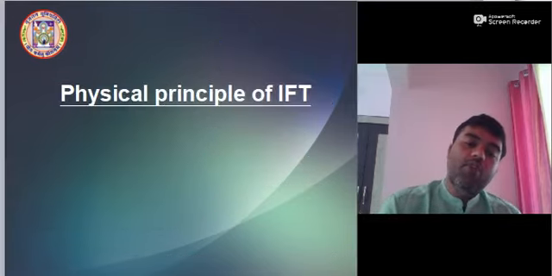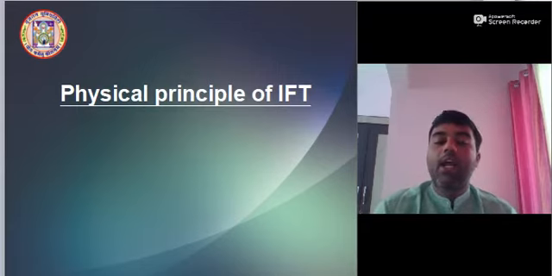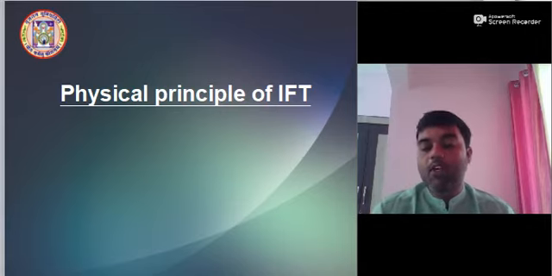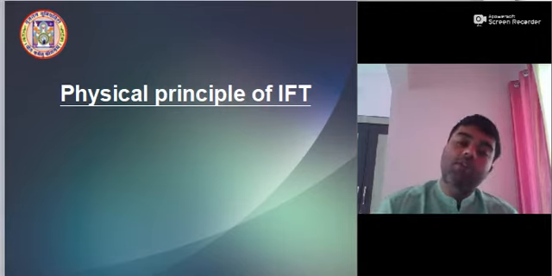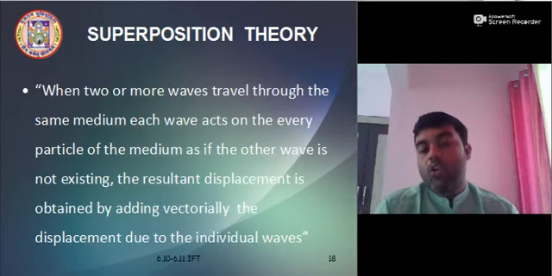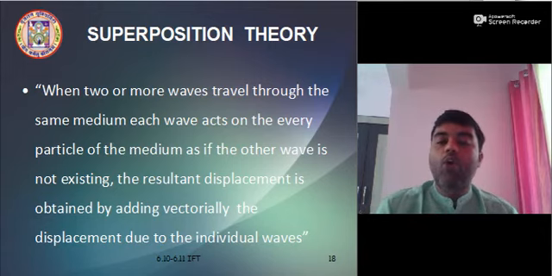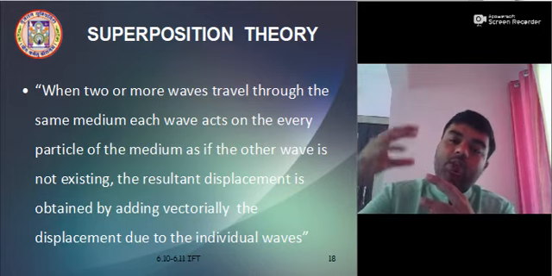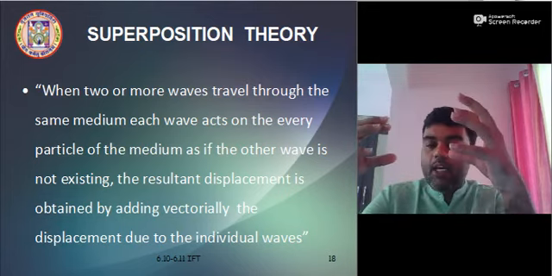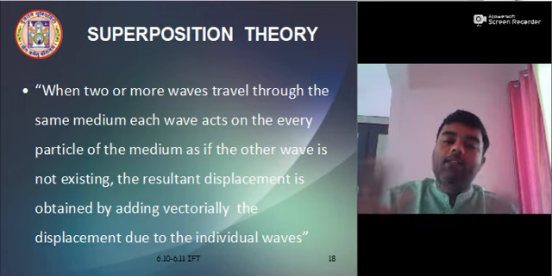Now one should go for physical principles of IFT. This is a very important question and it mostly occurs in 7 marks or 8 marks: describe the physical principle of IFT. Superposition theory: when two or more waves travel through the same medium, each wave acts on every particle of the medium as if the other wave is not existing.